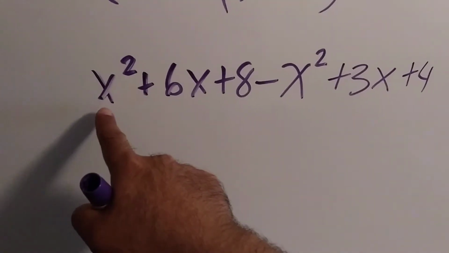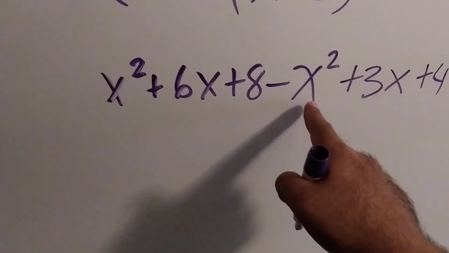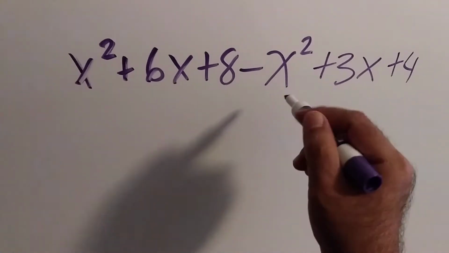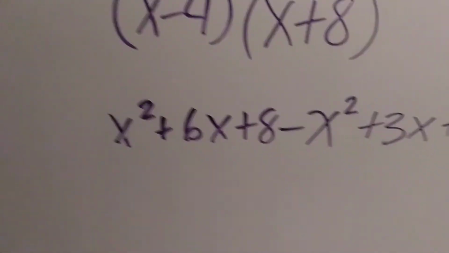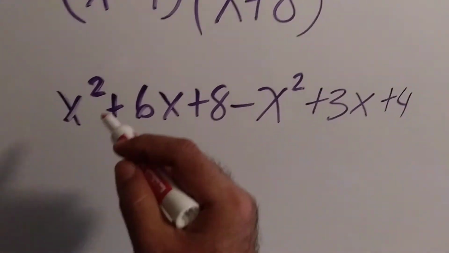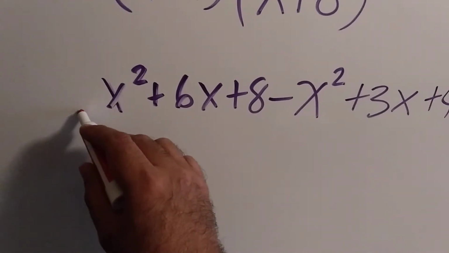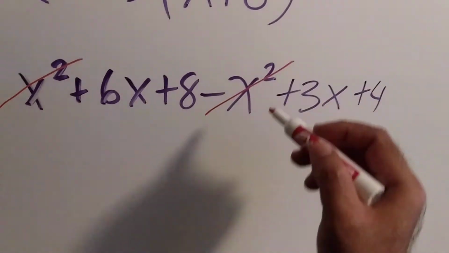So look, we have positive x squared, negative x squared. So these two, I'm going to use the red marker. Give me 1 second so you can see what happens. So we're simplifying, okay? So we're going to cancel out this positive with this negative.